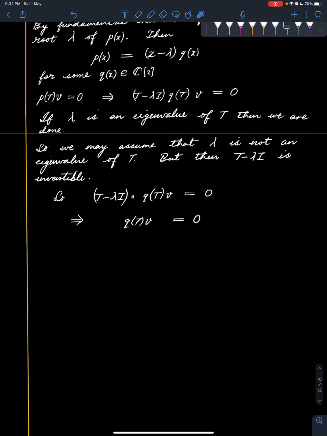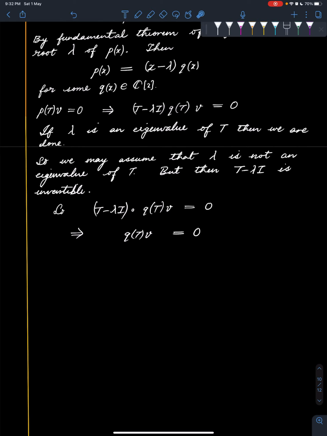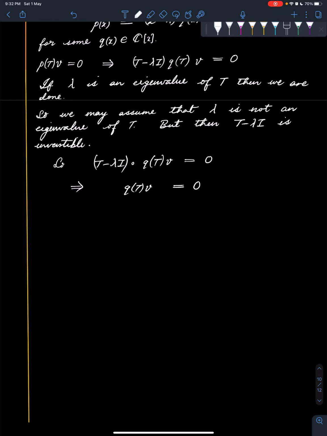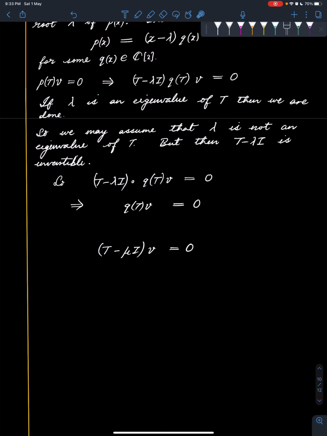So we can keep doing this unless either we at some point find an eigenvalue, or we will halt at this kind of an equation. Ultimately, if we fail to find an eigenvalue, then at some point we will see an equation of this sort, that (T minus mu I)v equals 0. Basically, we would land up with a degree 1 polynomial Q which satisfies this equation, assuming on the way we never found an eigenvalue.